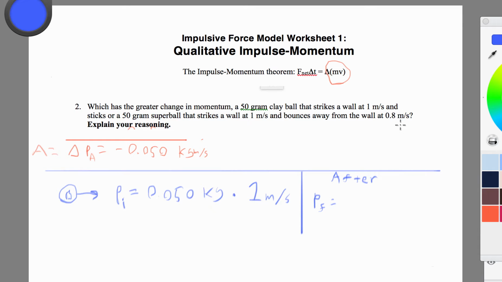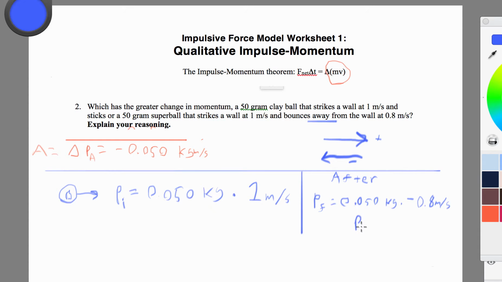Well, it's going 0.8 meters per second, but to the left. And when we're talking about vectors, to the right is positive, to the left is negative. Now, it didn't say negative meters per second, but it did say away, so we have to use our brains and realize that if one's positive, the other's got to be negative. So the momentum here is its mass, unchanged, 0.050 kilograms, times negative 0.8 meters per second.